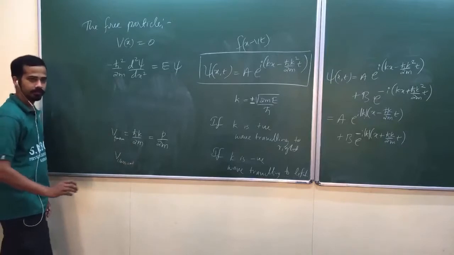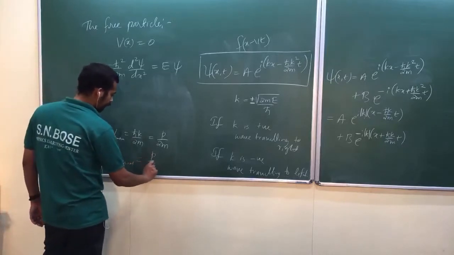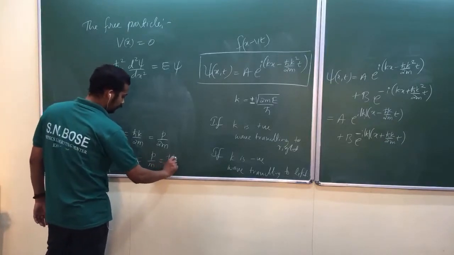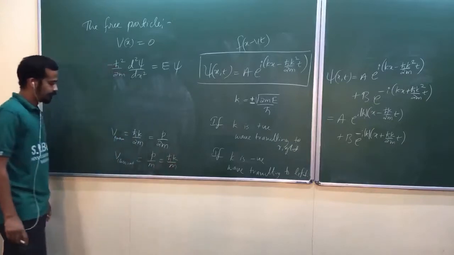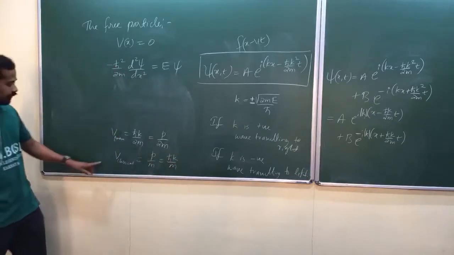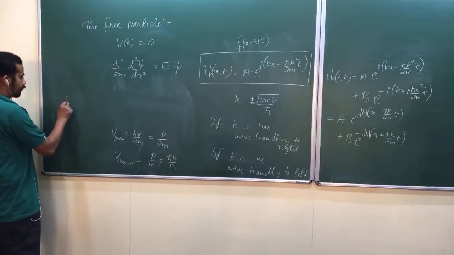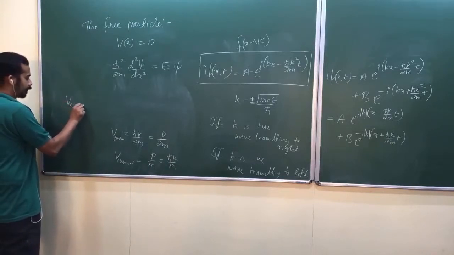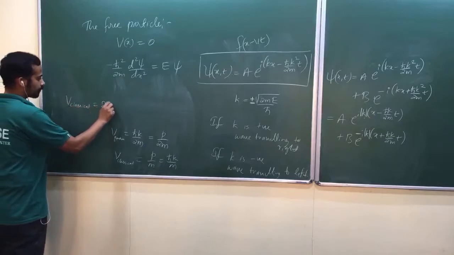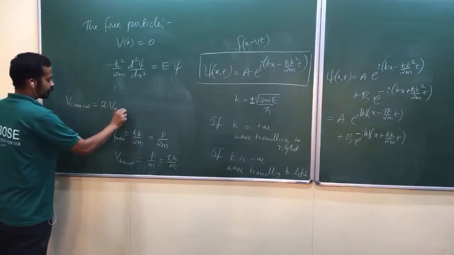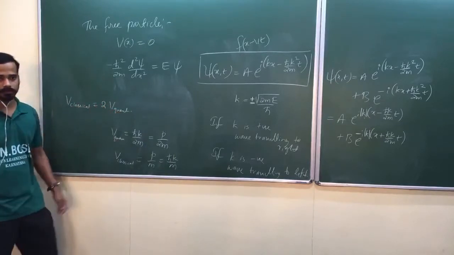Classical velocity. What is this one? p by m or h bar k by m. That v classical is twice of v quantum. Is that okay? v classical is equal to 2 times v quantum. Can you observe that one?